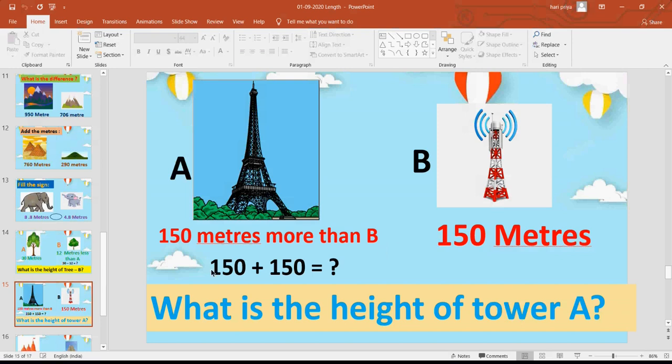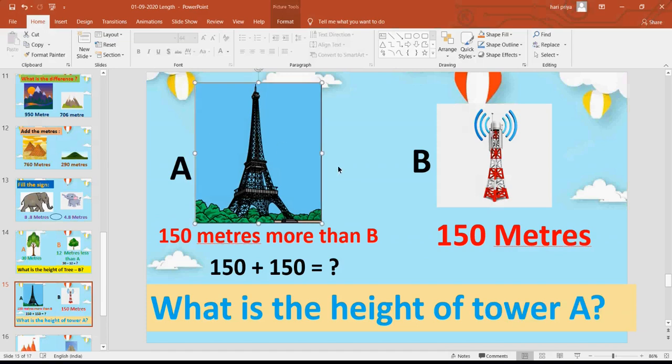So 150 plus, already given that the measurement of B is 150. So you are going to add 150 plus 150. If you add the clue number along with the given number, you can find the measurement of the Eiffel Tower.